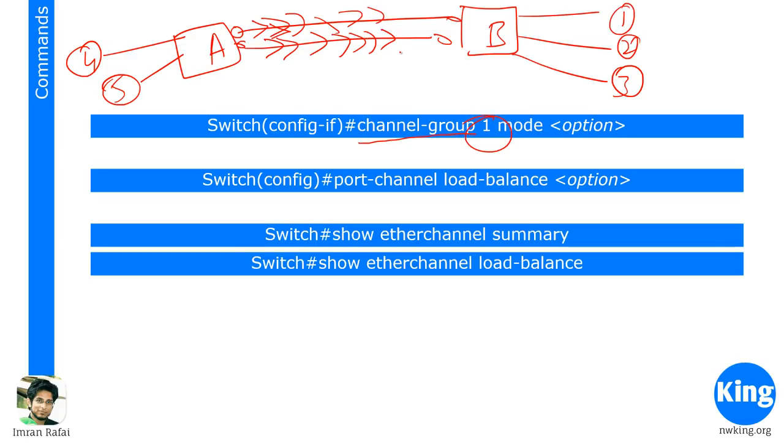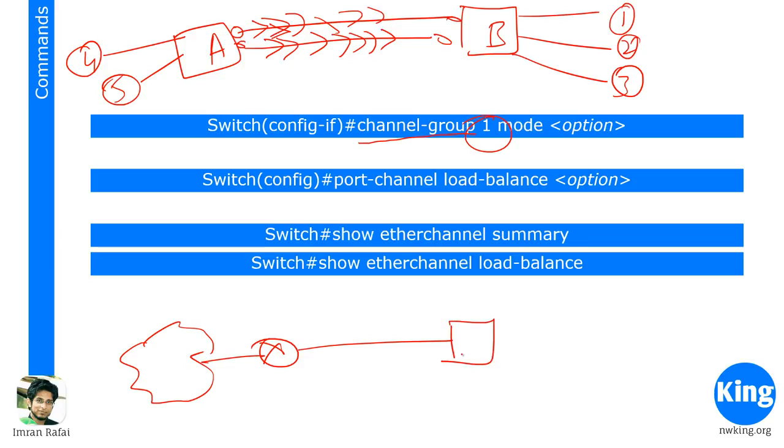But then it is not an ideal situation, right? So for instance, if let's say there is internet, and this is a device, and let's say there's a switch here, and the switch is connected to 3 PCs.